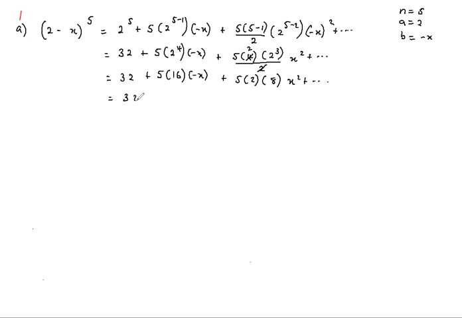We can now put minus because of the negative x. So we have 32 minus 80x plus 80x squared. You get that because you're interested only in the first 3 terms.